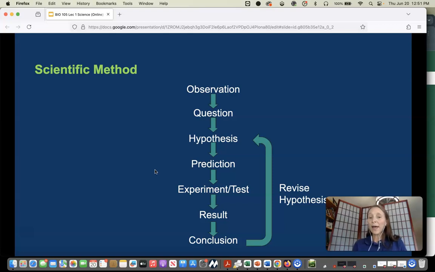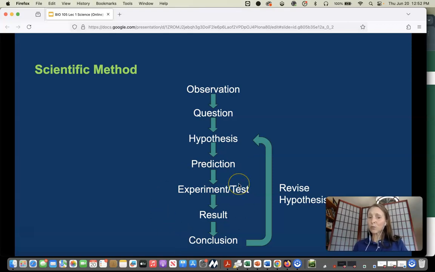And so then we can go ahead and design an experiment to test this. And then we'll make a prediction of how we think the outcome of this experiment will be. So a prediction is basically a very specific statement, after you've designed your experiment, stating what you think is going to happen in your experiment, what the outcome is going to be.